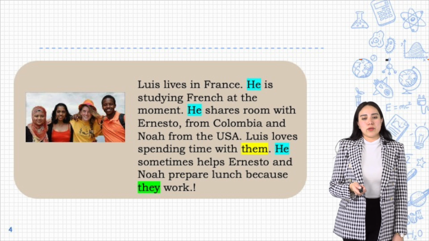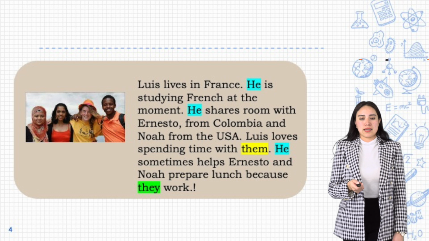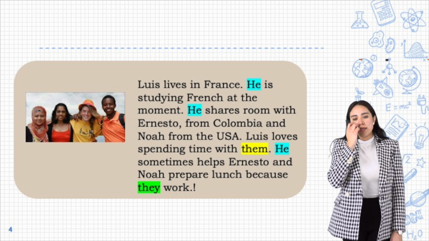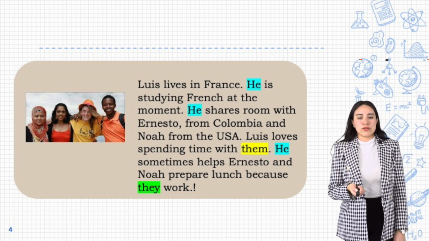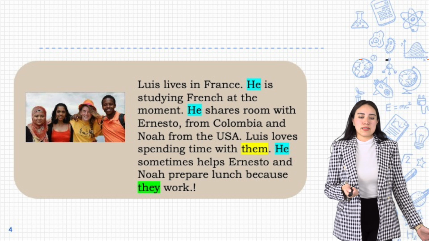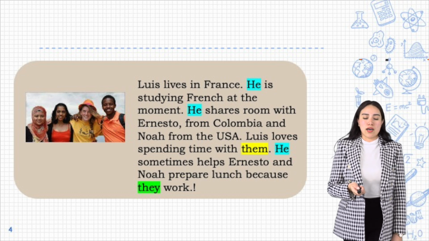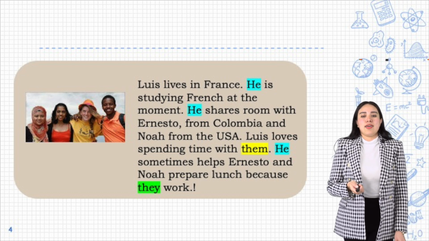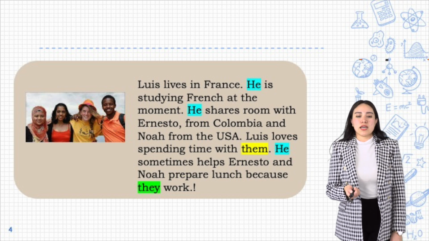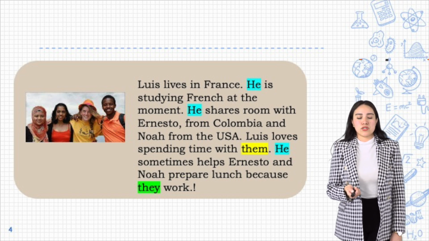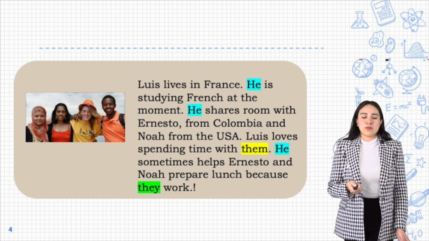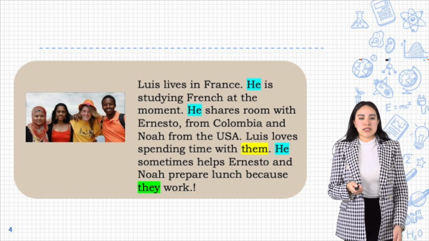But what happened in this sentence? We have Ernesto and Noah, so we're gonna replace these names and use the word "them." We are gonna say "He sometimes helps them prepare lunch," because now we repeat again the same names, Ernesto and Noah.